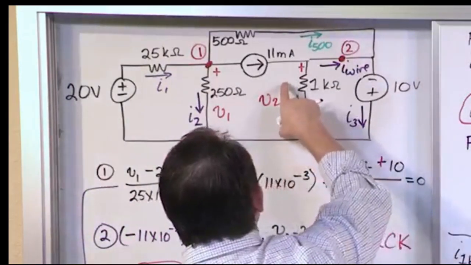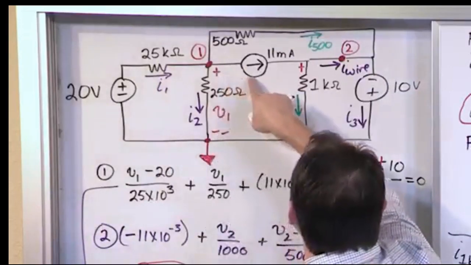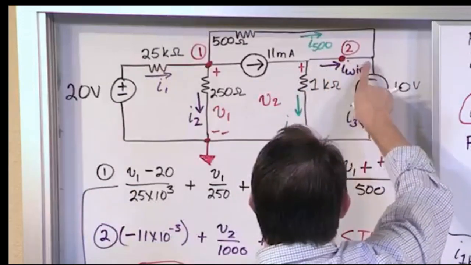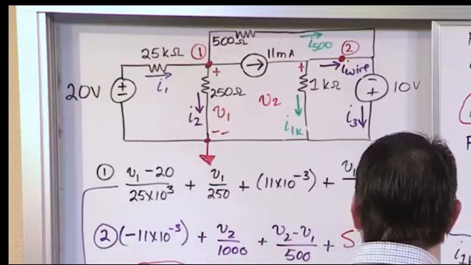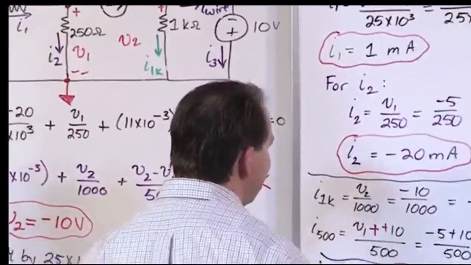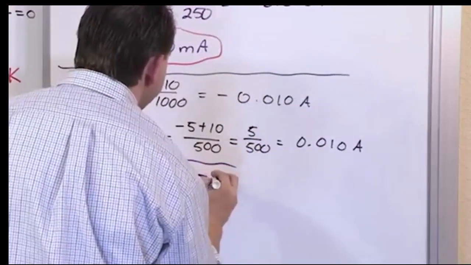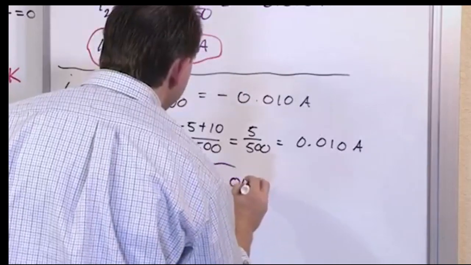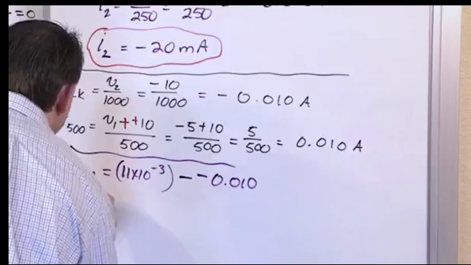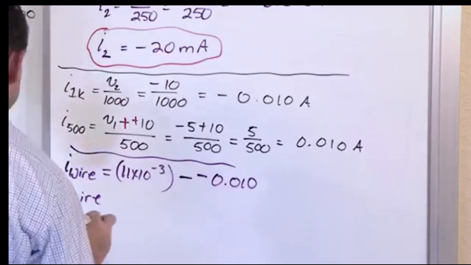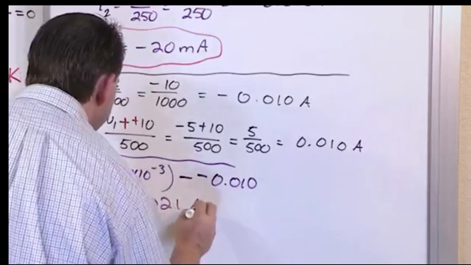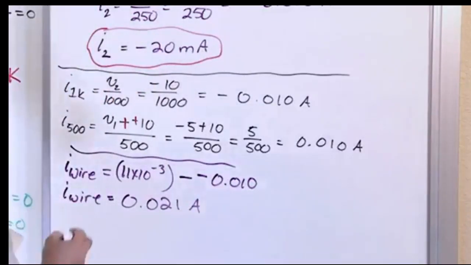And I subtract the current from here, because if I take the 11 milliamp current and subtract the current that's flowing away, what's left over is what flows in I wire. So I'm subtracting the 1K current, so I'm subtracting a negative 0.010. So I wire, because subtracting a negative gives you a plus, is 0.021 amps.